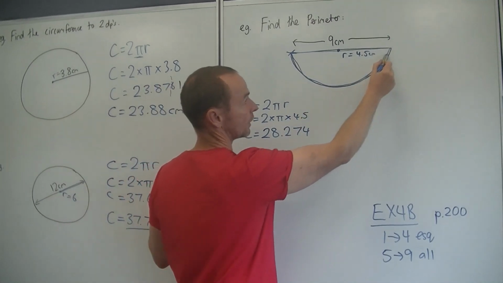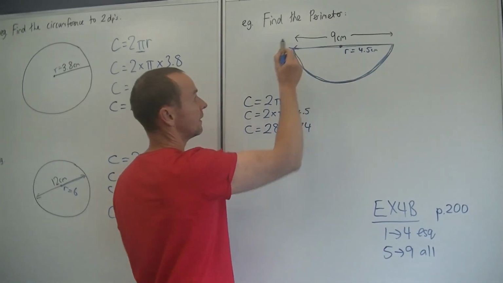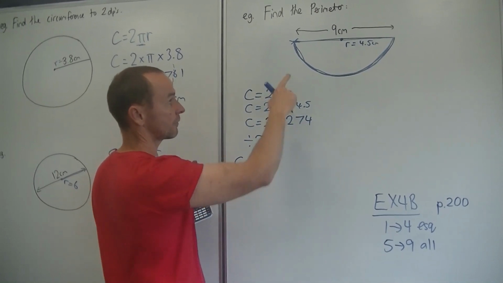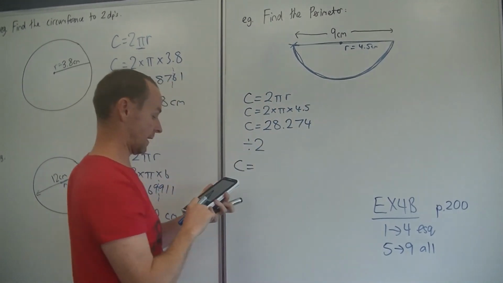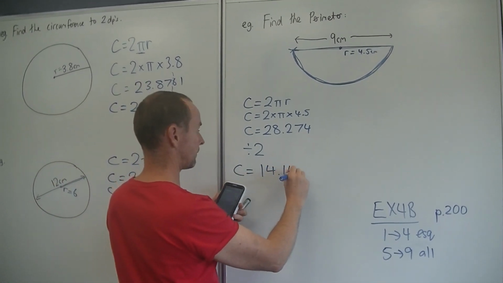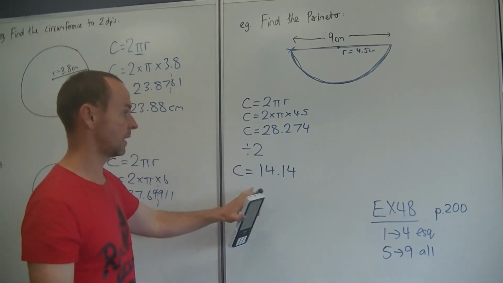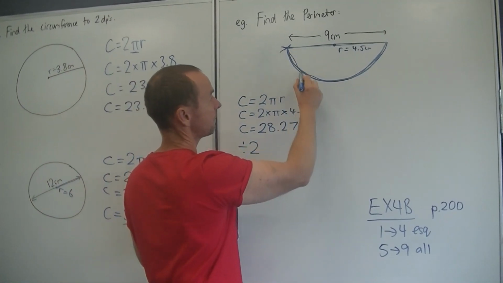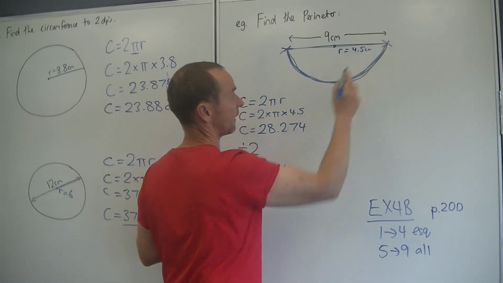The curvy bit, we only have half a circle. See there? So we need to divide this by 2. So the circumference of the curvy bit that we've got, divide this answer by 2, and we get 14.14. I rounded off to 2 decimal places, so 14.14 centimetres. That's the distance from there around to there.